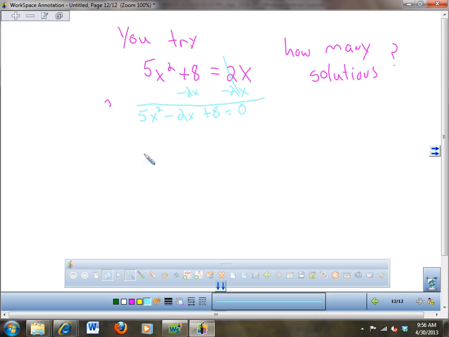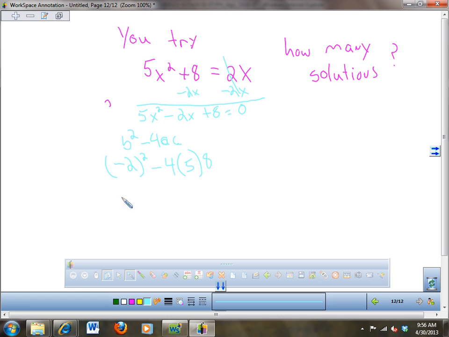That's why I subtracted that. So b squared minus 4ac is negative 2 squared, right? Minus 4 times a, which is 5, times c, which is 8.